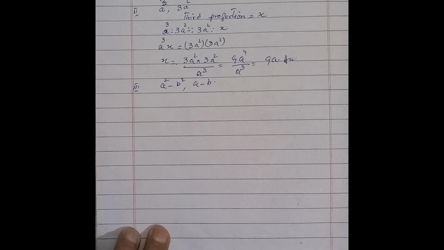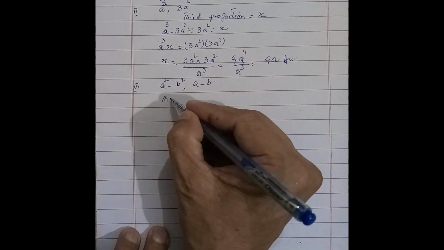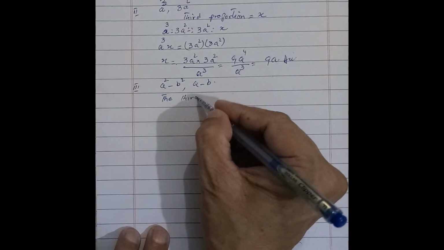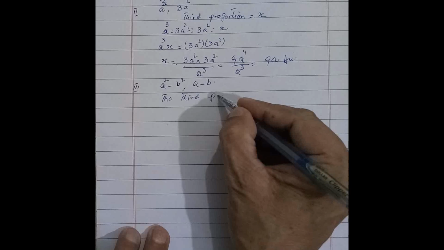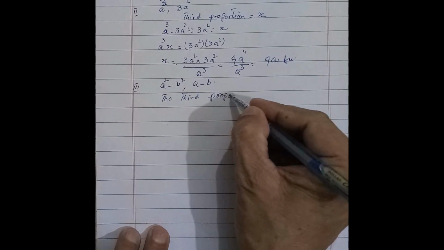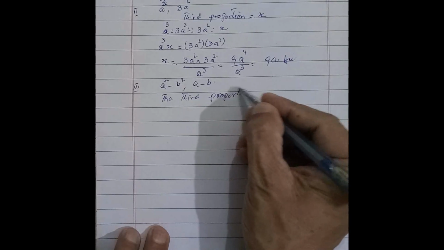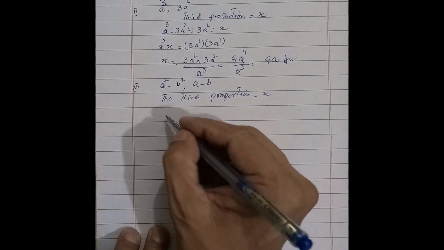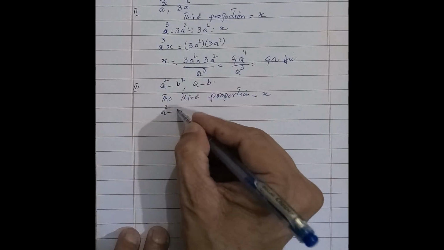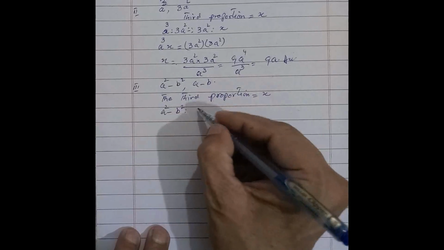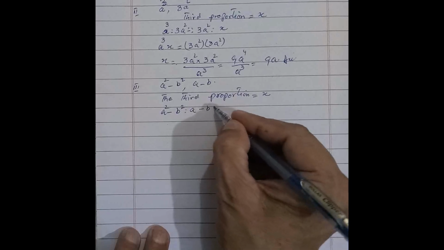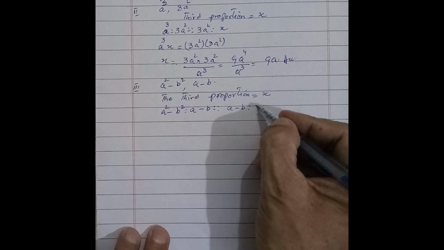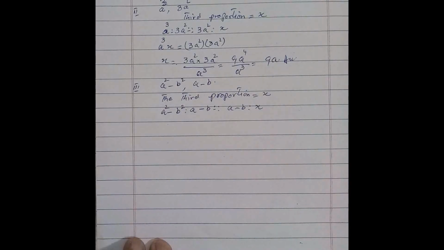Same here, the third proportion is equal to x, and we write it: a^2 minus b^2 ratio a minus b proportion a minus b ratio x.